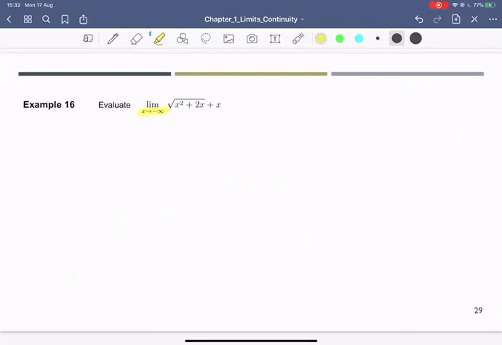So x goes to negative infinity, but this time I have the square root of x squared plus 2x, plus x. First of all, if I try to plug in negative infinity, I have negative infinity squared, which doesn't make sense, right?